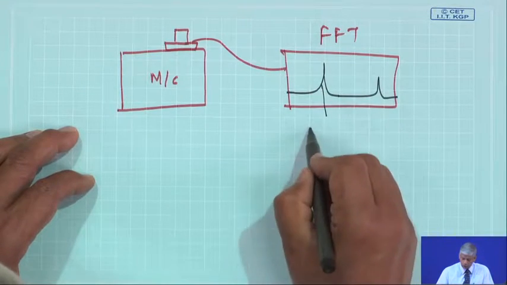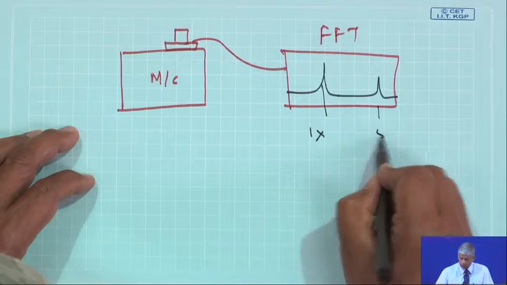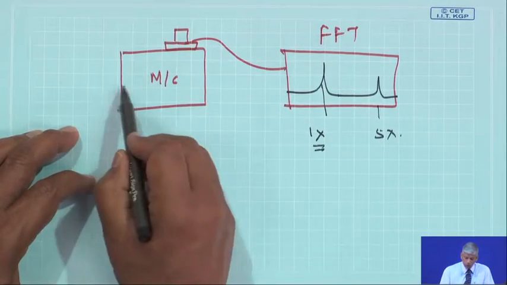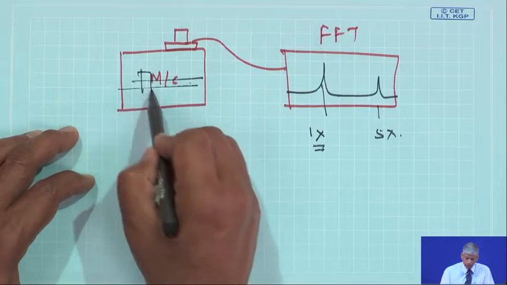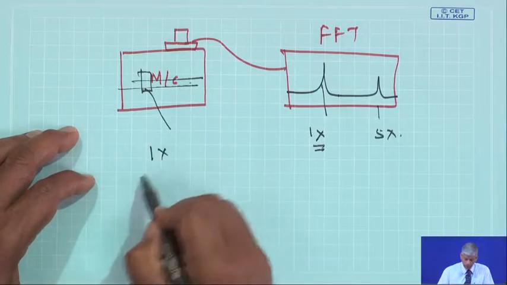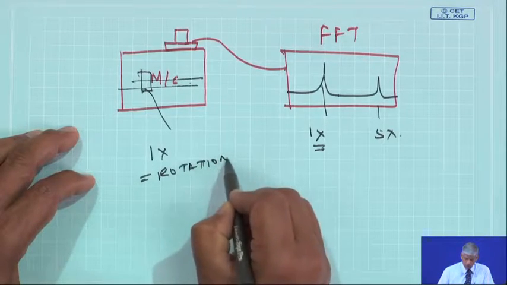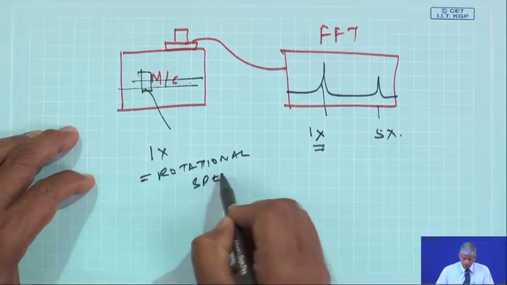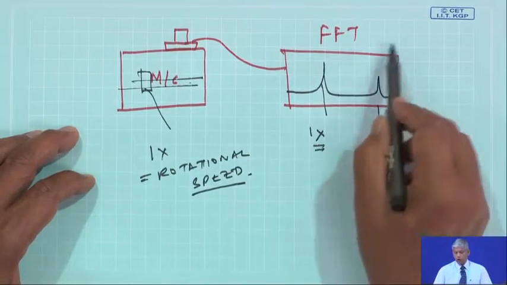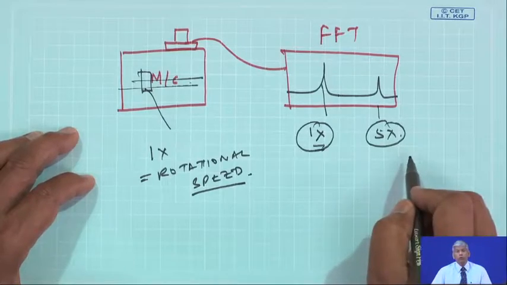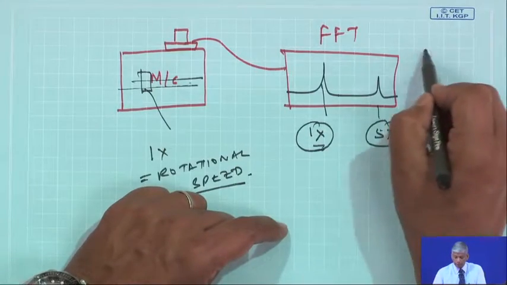So, this could be 1x, this could be 5x. You see, this x is related to the rotational speed if there is a shaft here. So, when I am doing a fault diagnosis, I will be looking for 1x and 5x frequencies in my measured spectrum.